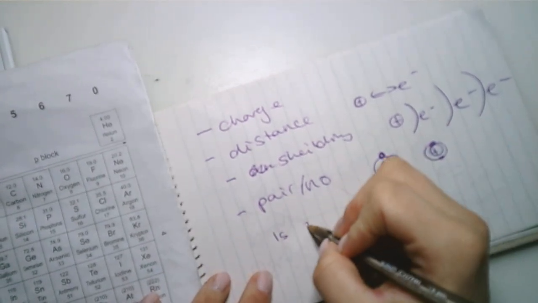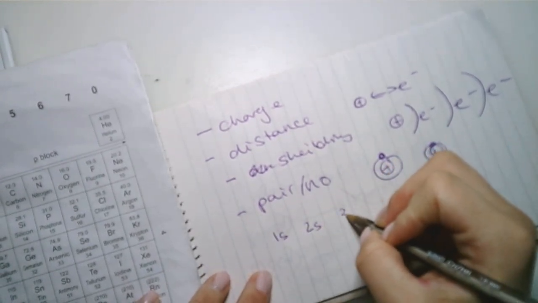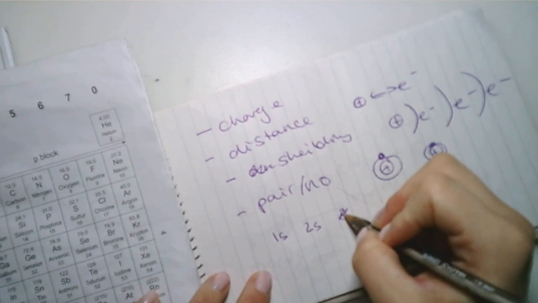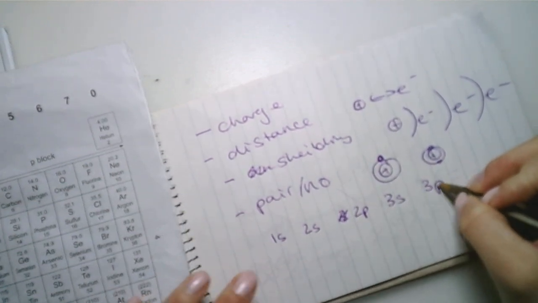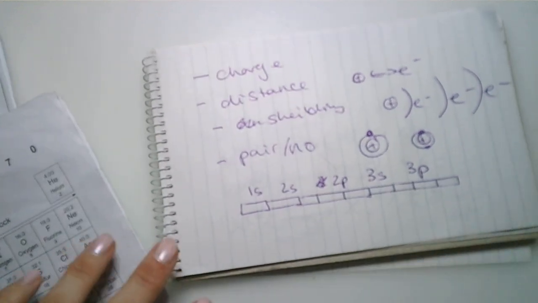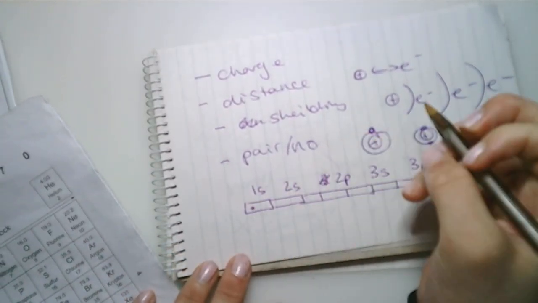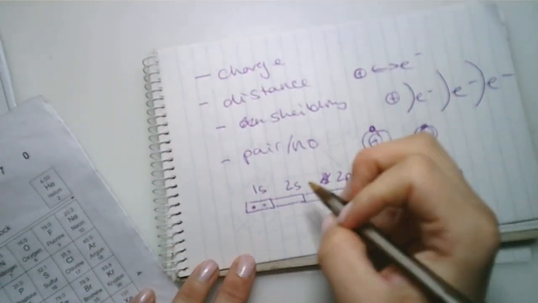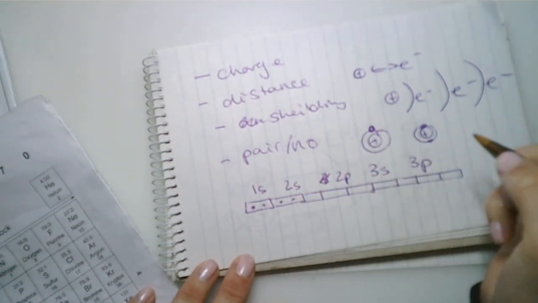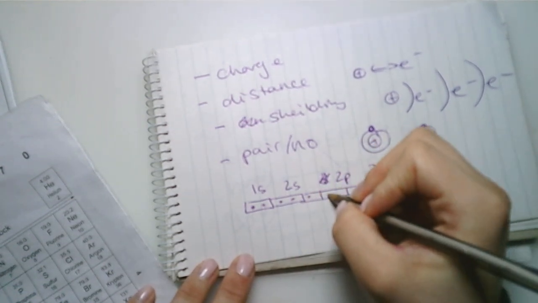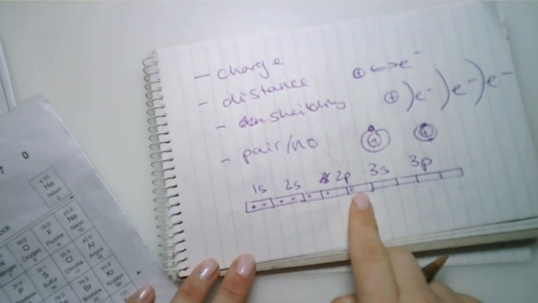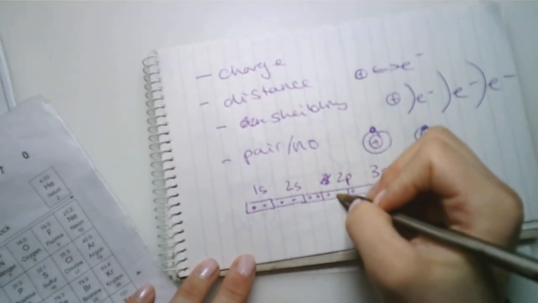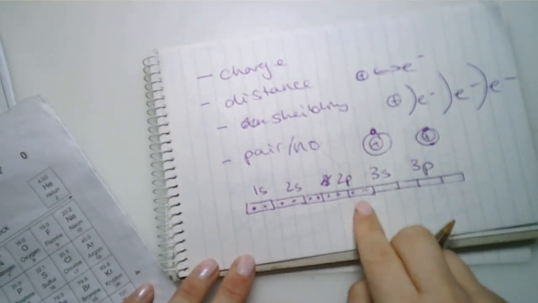you have 1s, 2s, 2p, 3s, 3p. So the way these fill, you have an electron in 1s, and another one, then an electron in 2s, and another one, and then in 2p you get one electron, one electron, one electron between these, and then it fills again like that, and that requires more energy.